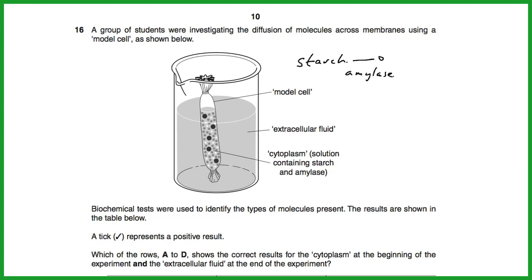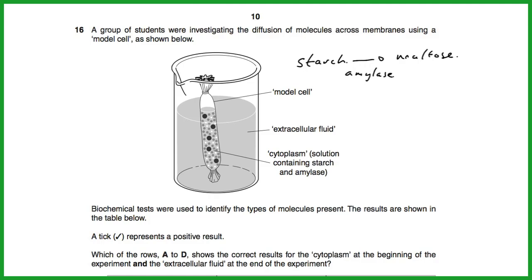And it's going to be hydrolyzed into maltose, which is a disaccharide, it's a reducing sugar. Now the starch is going to test positive with iodine, it's going to form a blue-black colour. The amylase is going to test positive because it's a protein, therefore it will test positive with the biuret reagent. And the maltose is going to test positive because it's a reducing sugar with the Benedict's reagent.